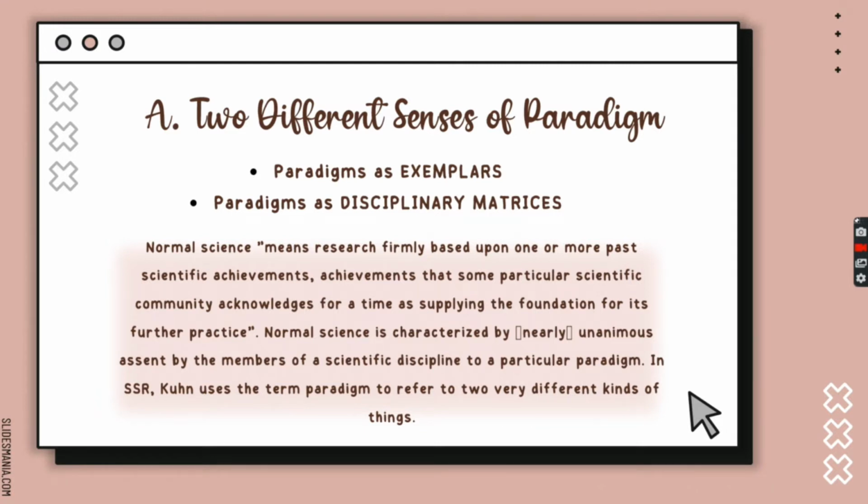These achievements must be sufficiently unprecedented to attract an enduring group of adherents away from the competing modes of scientific activity, and sufficiently open-ended to leave all sorts of problems for the redefined group of practitioners and their students to resolve. These achievements can be called paradigms. Students study these paradigms in order to become members of the particular scientific community in which they will later practice.